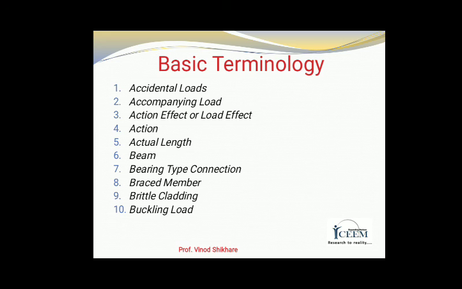It may be of timber or steel. In steel structure we saw the steel bracing. Next term is brittle cladding. Cladding such as asbestos cement sheets which gets damaged before undergoing considerable deformations.